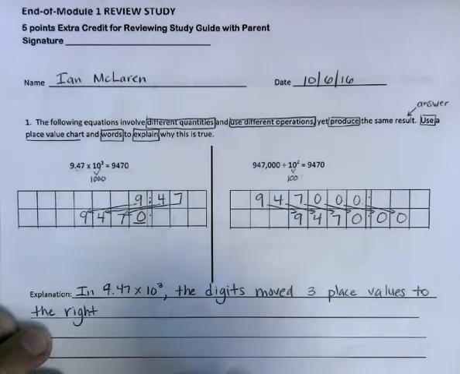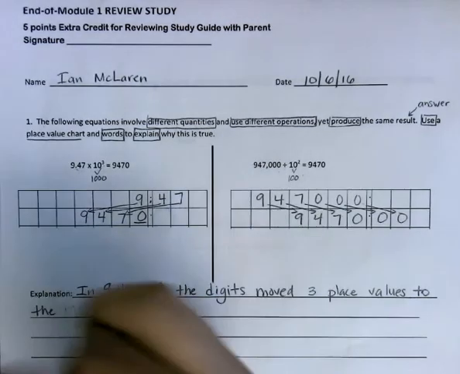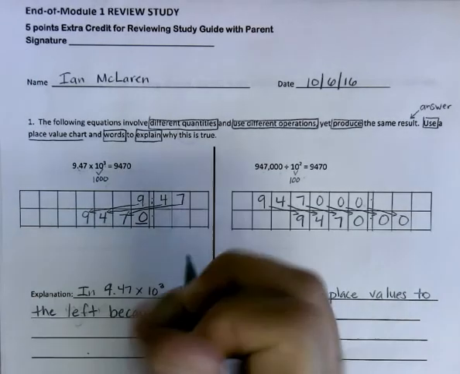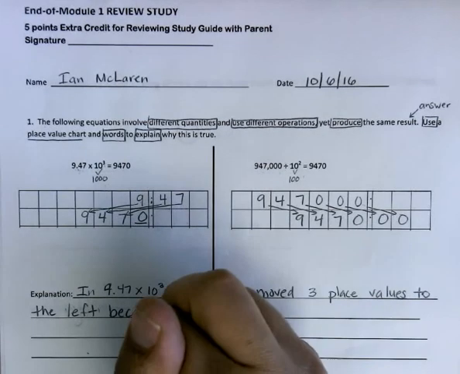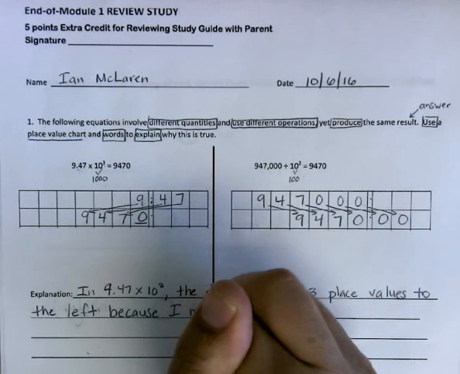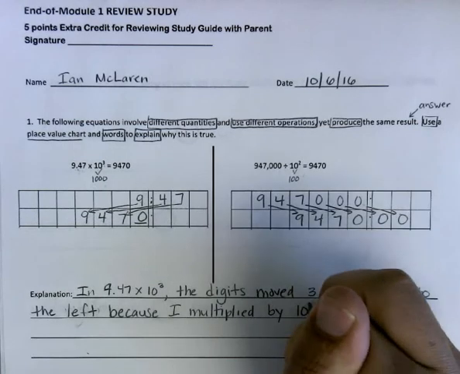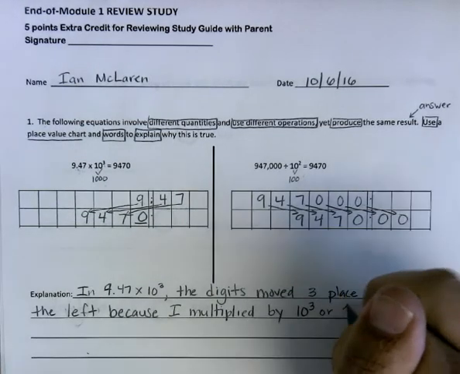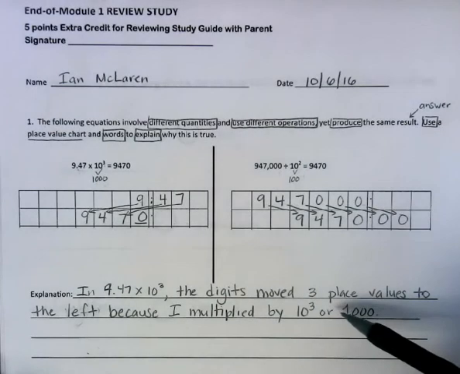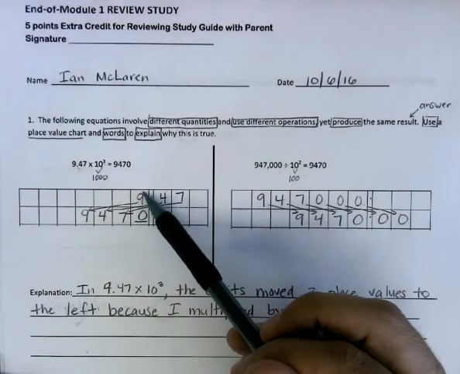Oops, I made a mistake. Good thing I caught myself. It actually moved to the left. Moved to the left because I multiplied by 10 to the power of 3, or 1,000. Okay? So you have something similar, it doesn't need to be word for word, but something similar to my explanation for this problem. You're good.